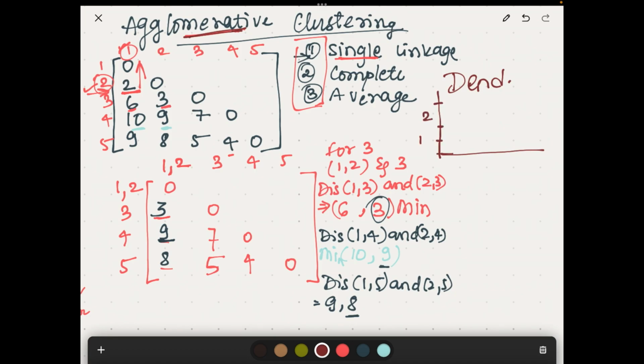So if I'm keeping it here like this, and we could have easily just called it 1, that's just fine. So 1 2 3 4 and 5. I made a cluster of 1 and 2 at the value 2. So this is going to be my dendrogram currently. It's very important for you to have this labeled over here.